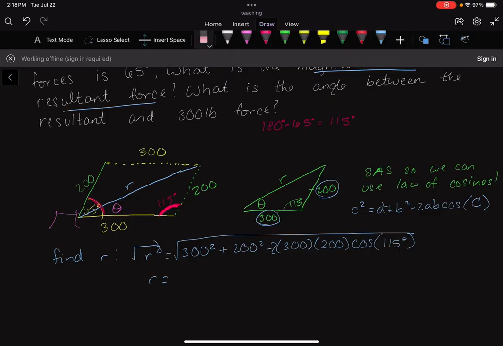And, okay. Take the square root. So I get 425.1 and then it's just 0 after. I usually like to do 2 decimal places. And so this is my resultant force.